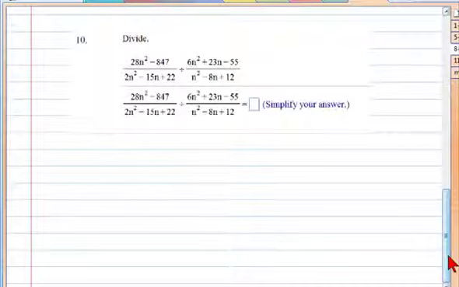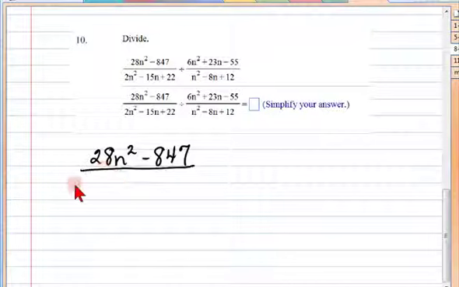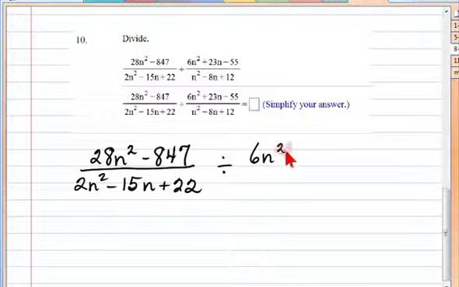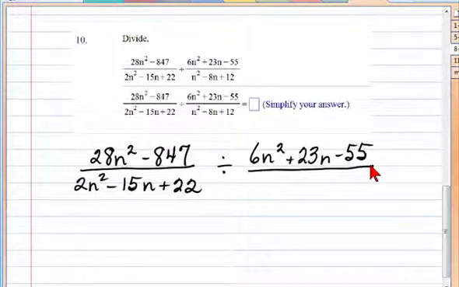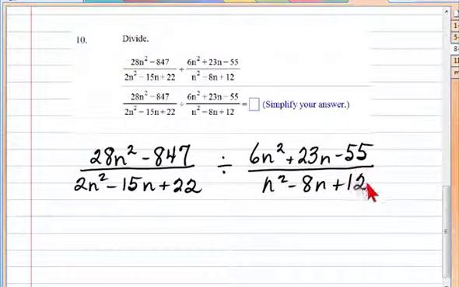All right, it is division, so let me write it out where those of you in the classroom can see it. It is 28n squared minus 847 over 2n squared minus 15n plus 22 divided by 6n squared plus 23n minus 55 over n squared minus 8n plus 12.